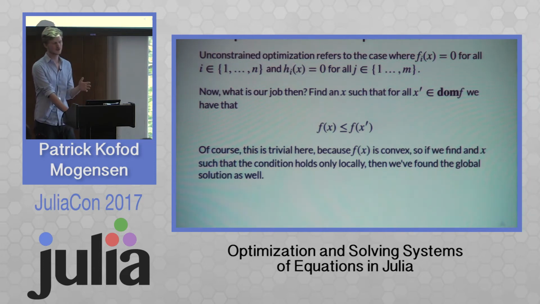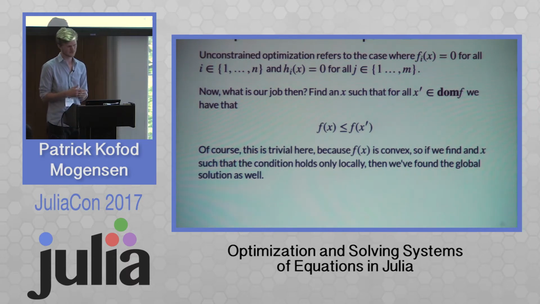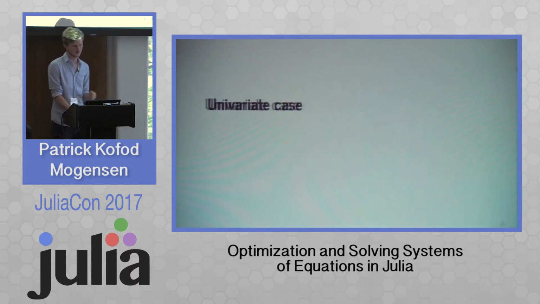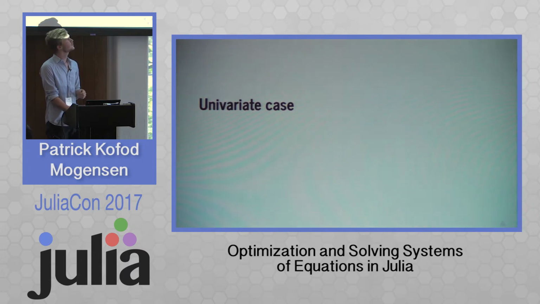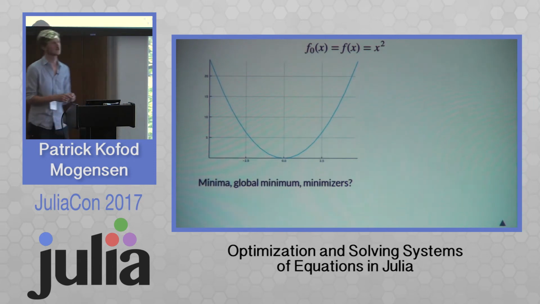Okay, so our job is to find an x that minimizes this function f that was f0 before. We have to find this x that, compared to all other possible x primes, gives us a lower function value. So what could be some examples we could be trying to solve? Well, for univariate cases, we could be looking at a very simple quadratic.